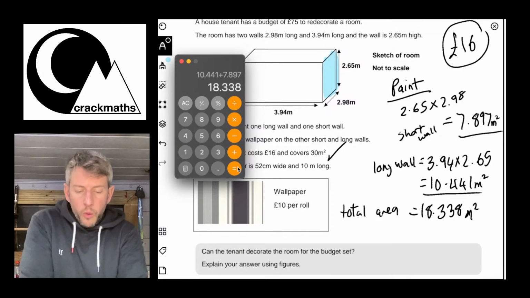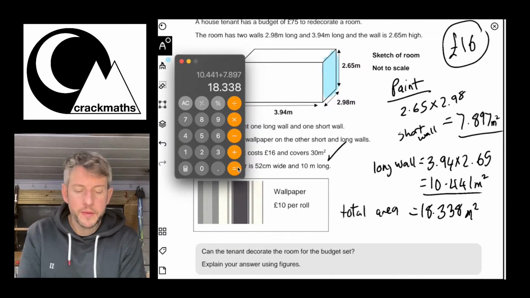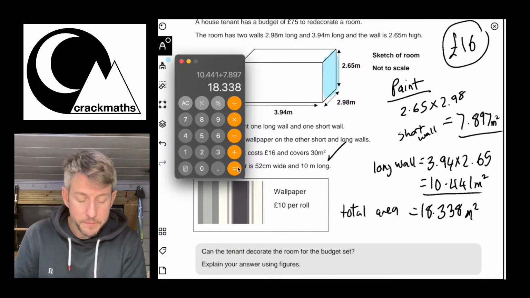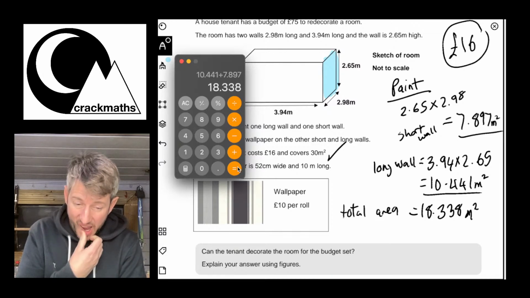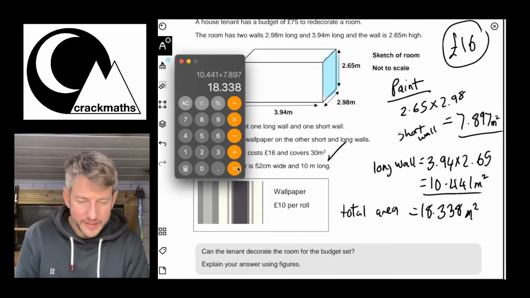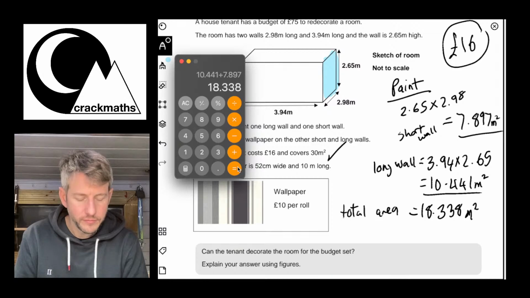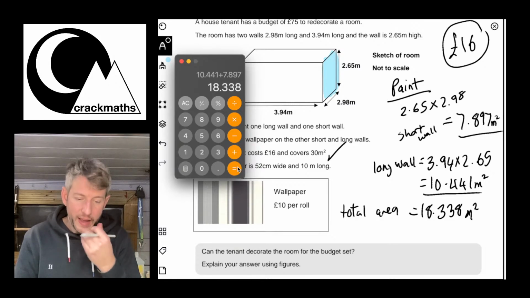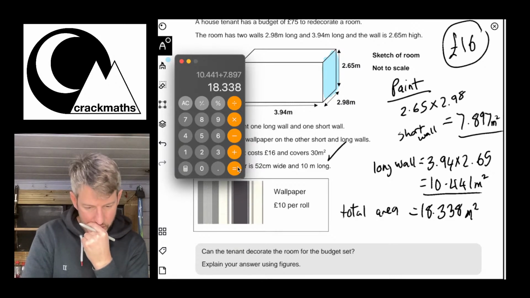A roll of wallpaper is 52 centimeters wide and 10 meters long. Okay. Fine. Can a tenant decorate the room for the budget? So this is a bit more complicated because we've got to work out how many strips.